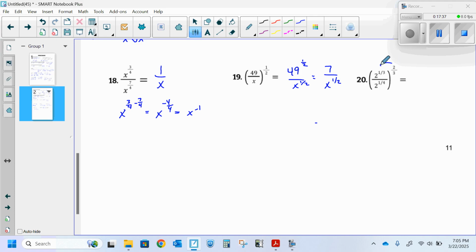Okay, here everything is getting raised to the 2/3, so that's multiplying. 1/3 times 2/3 is 2/9. 1/4 times 2/3 is 2/12. You're going to reduce that.